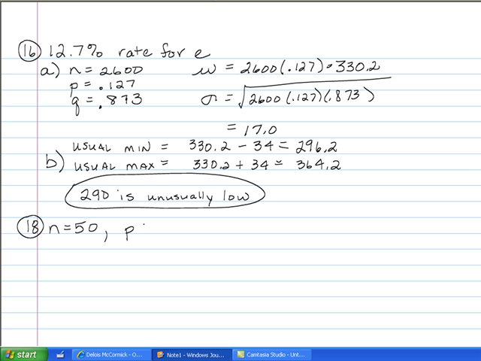Okay, so we're finding the mean and standard deviation. So 50 times 1 over 38, 50 divided by 38, is 1.3. For sigma, 50 times 1 over 38 times 37 over 38.